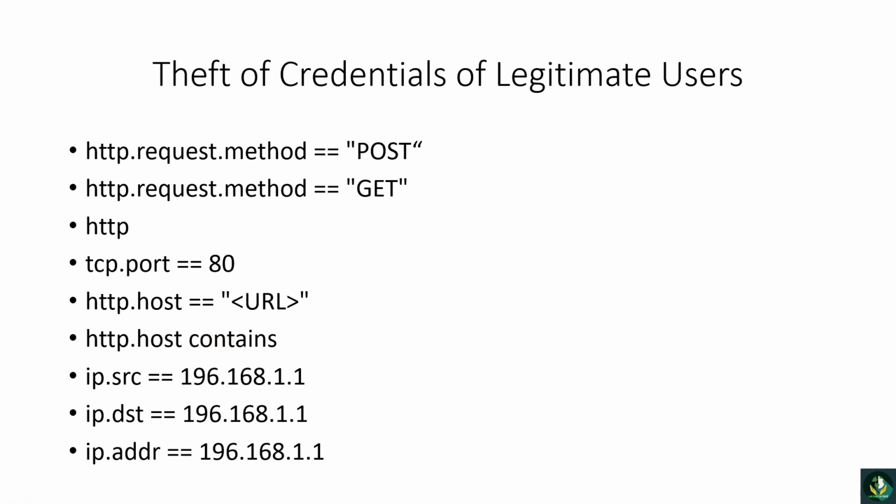Then with this IP address filter, you can show all traffic from a specific IP. Make sure you try all of that. And this one shows all traffic that has a specific IP address as source or destination.